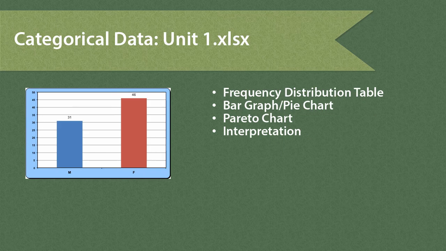Moving on to categorical data, we'll use the Unit 1 Excel tool to learn how to create a frequency distribution table, a bar graph and pie chart, how to adapt our Unit 1 tool to make what's called a Pareto chart, and then finally how to basically interpret our information.